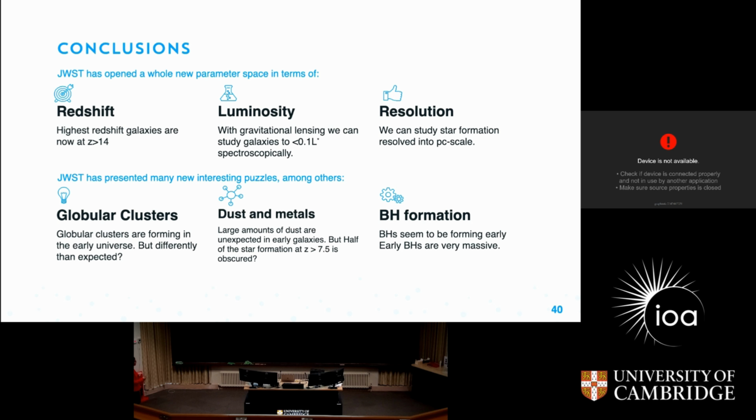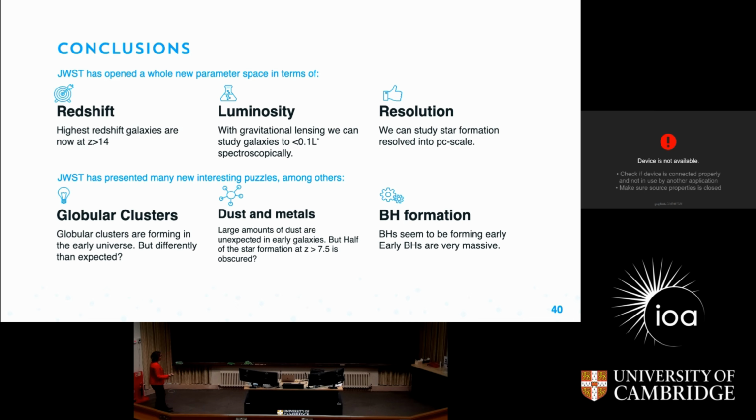Seems like globular clusters, or whatever you call those star clusters that are very compact and likely globular, are forming in the early universe, but they're very different than expected. One thing I didn't touch upon is that we are seeing them being nitrogen rich, which is probably a consequence of them having really massive stars in them.